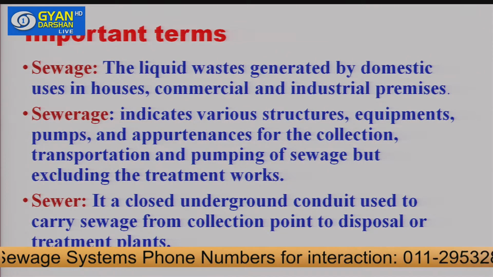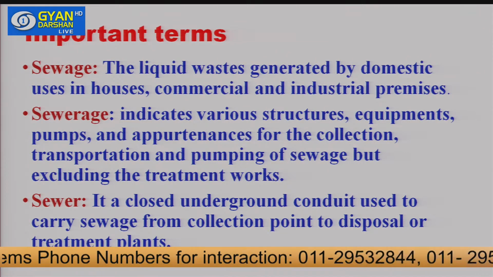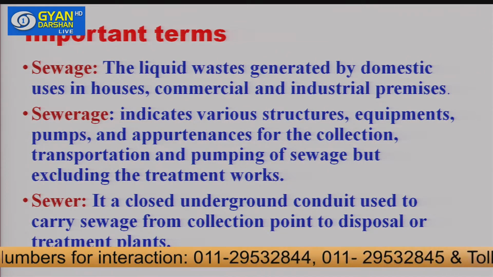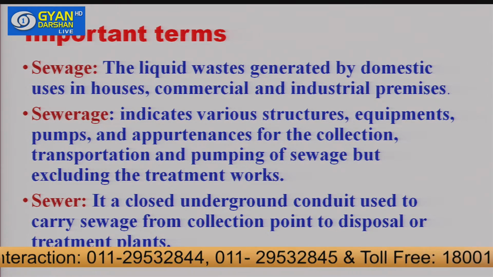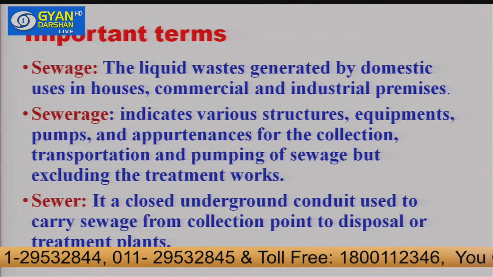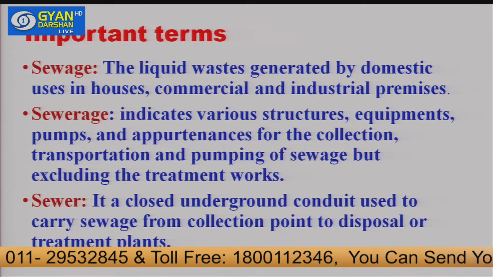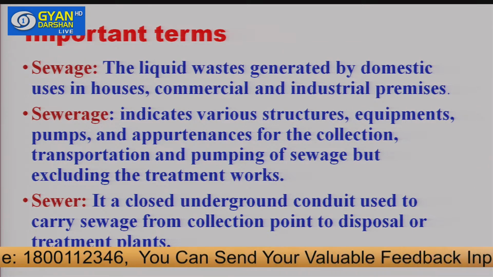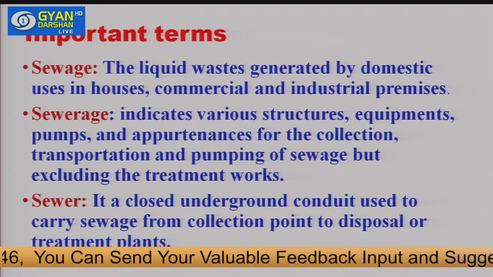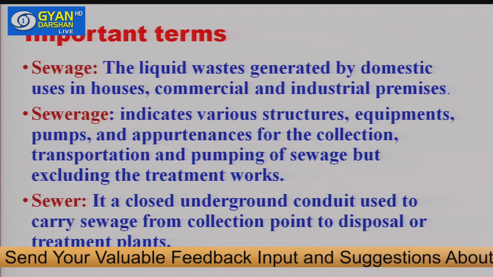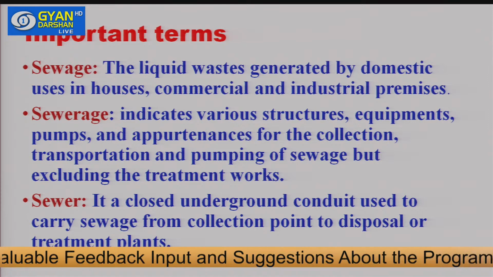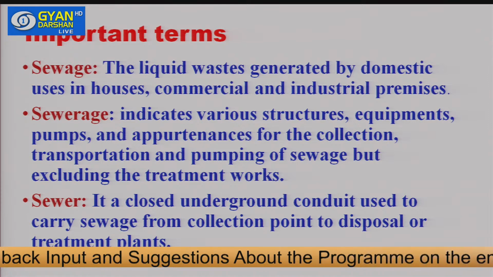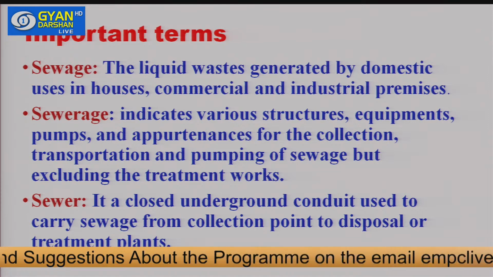Whereas sewage is wastewater, sewerage indicates the various structures, equipment, pumps, pipes and appurtenances for the collection, transportation and pumping of sewage, and it excludes the treatment works, meaning all the units used in the treatment of wastewater.